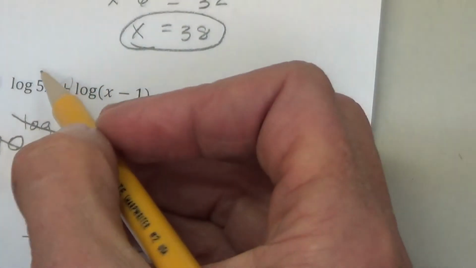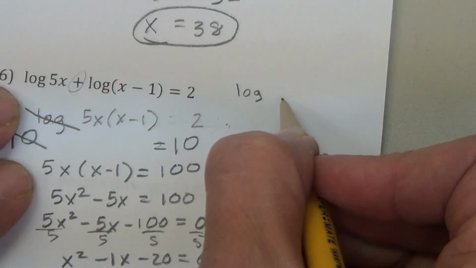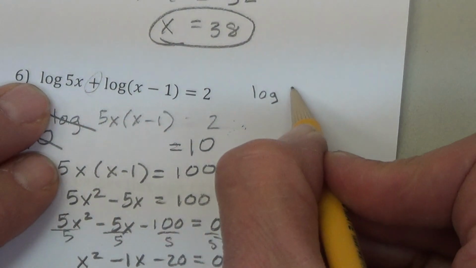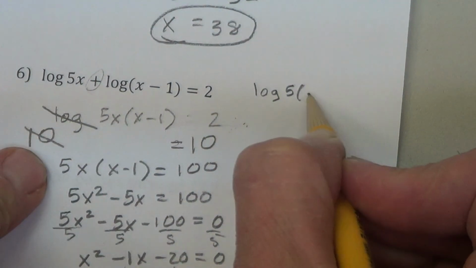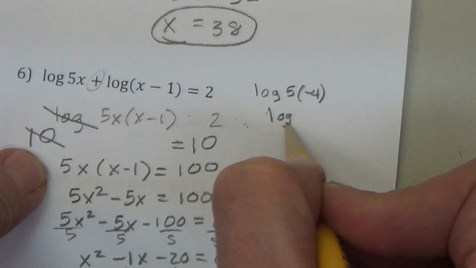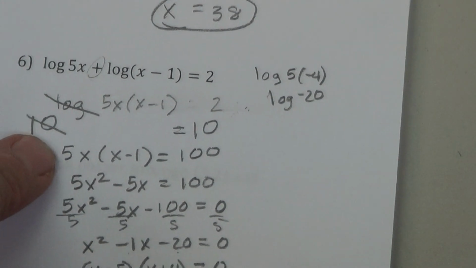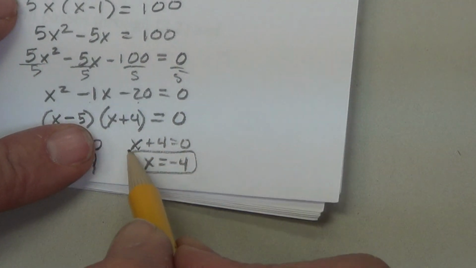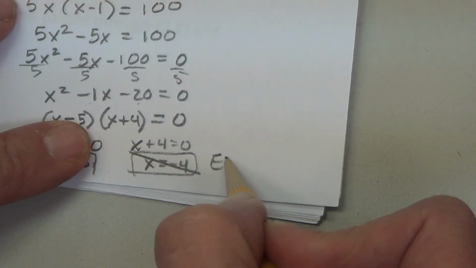So we plug them in here. Log 5 times negative 4, that would be a log negative 20. So we know that that one is undefined. So we come down and we put a line through that x equals negative 4, and we write that's extraneous.